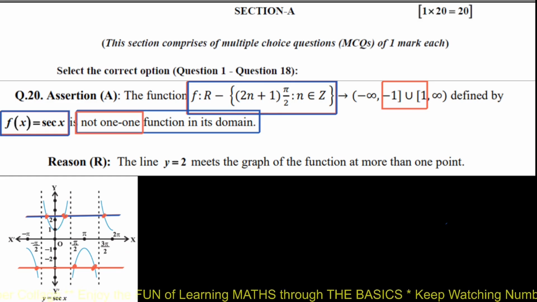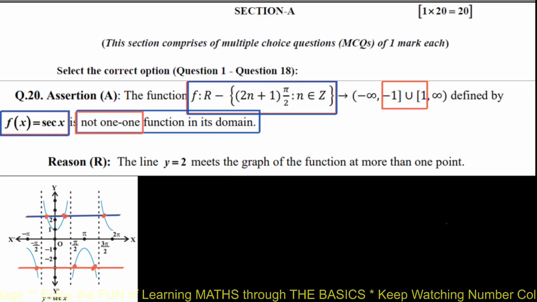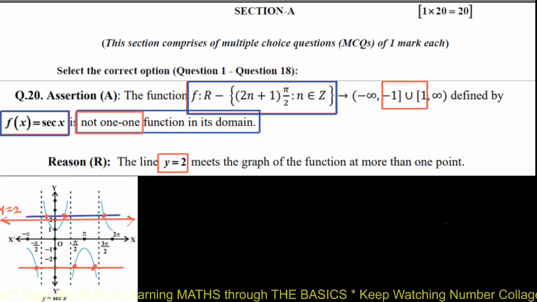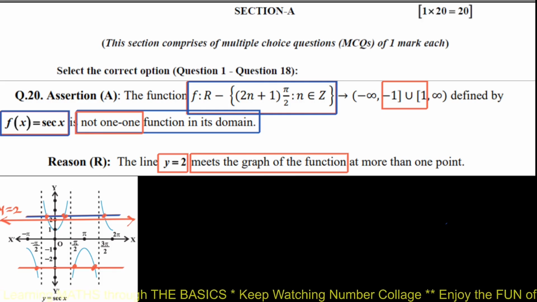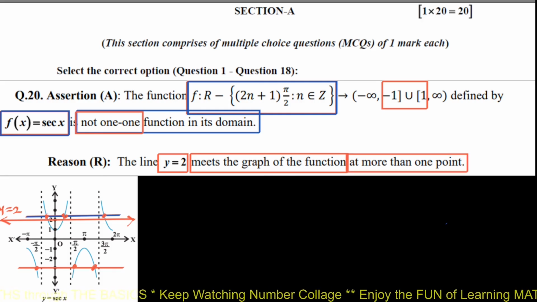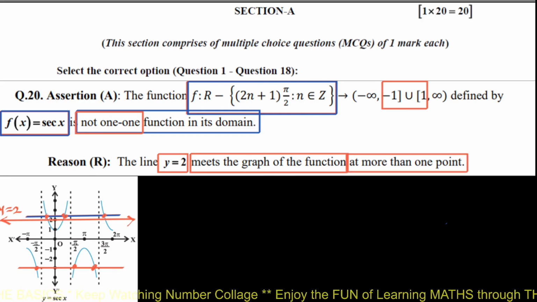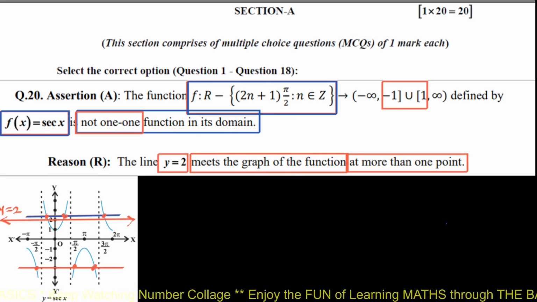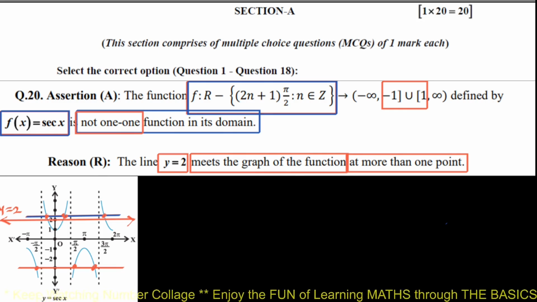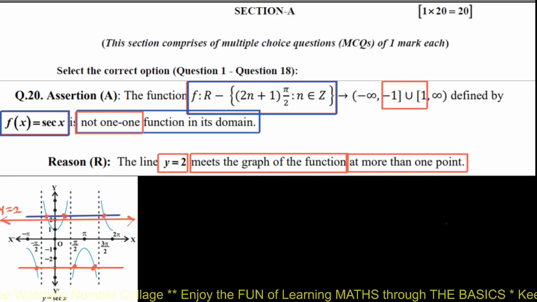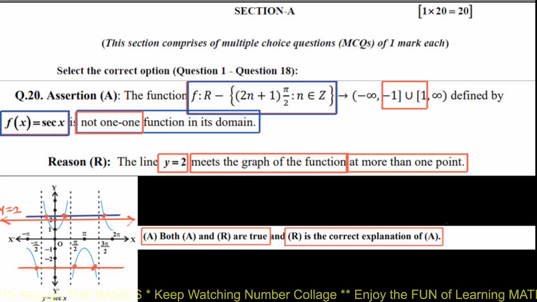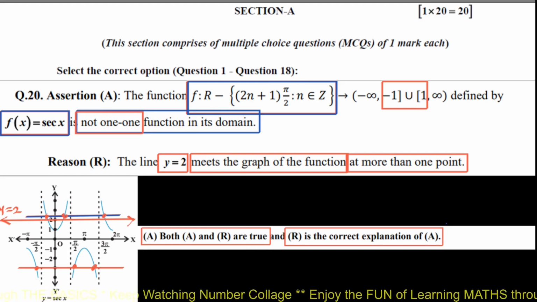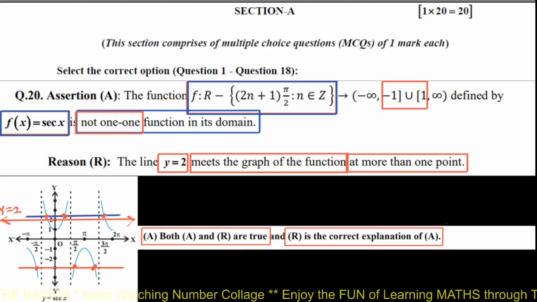In reason R, the line y equals 2 cuts the graph of the function sec x at more than 1 point, indicating that sec x is not one-one. So both assertion A and reason R are correct, and reason R supports assertion A. So the correct answer will be option A. Both A and R are true and R is the correct explanation of A.